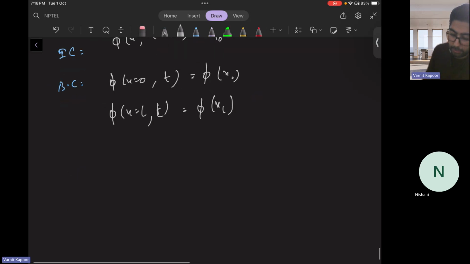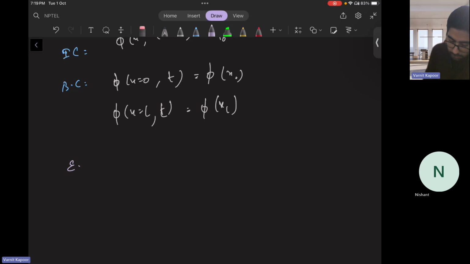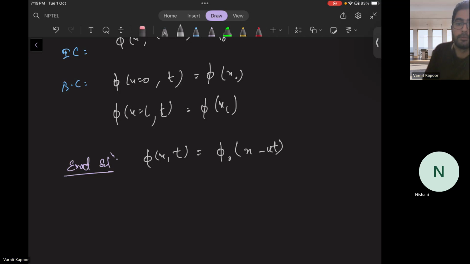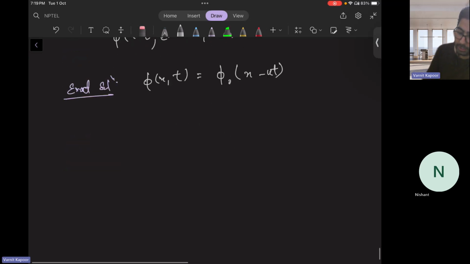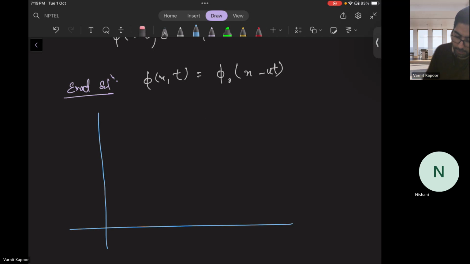Your exact solution for this equation will come out to be φ of (x,t) equals φ₀ of (x minus ut). So suppose your input is a sine wave, it is just displaced by ut. Let me draw a graph. This is φ versus x.